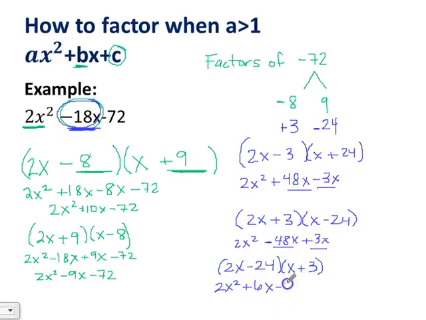Negative 24 times x gives me negative 24x, and then negative 24 times positive 3 gives me that negative 72. When I combine my like terms here, it looks like I've got 2x squared, negative 24 plus 6 gives me negative 18. There we go. That's what we were looking for.